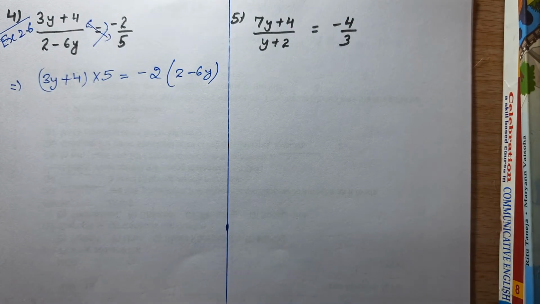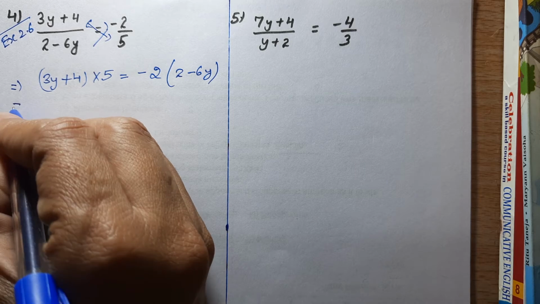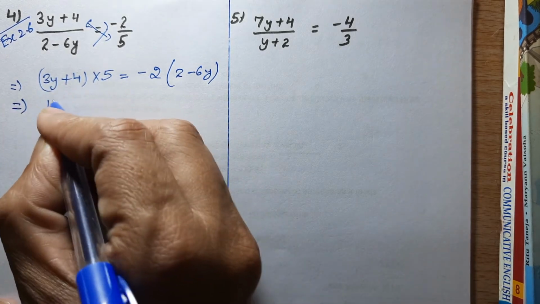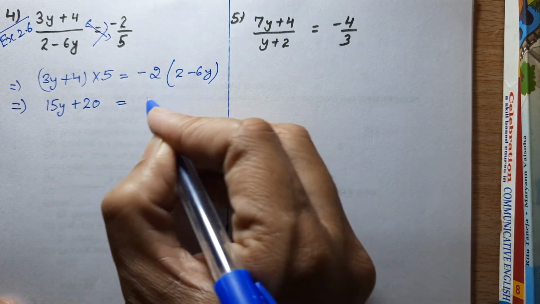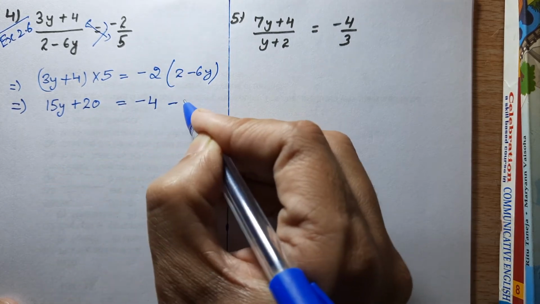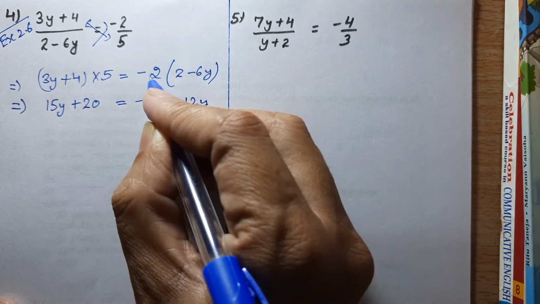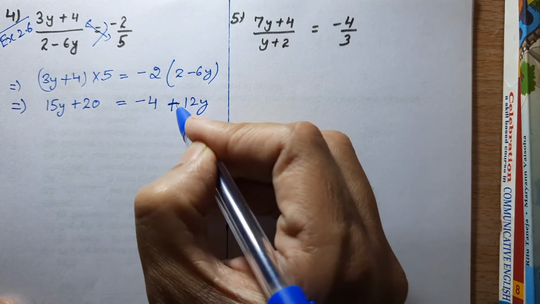That's why whenever we cross multiply we say put the brackets properly. Now do the multiplication with each term. 5 3s are 15y, 5 4s are 20, minus 2 into 2 is 4, 2 6s are 12. Now understand here, minus minus plus, the sign will be plus.